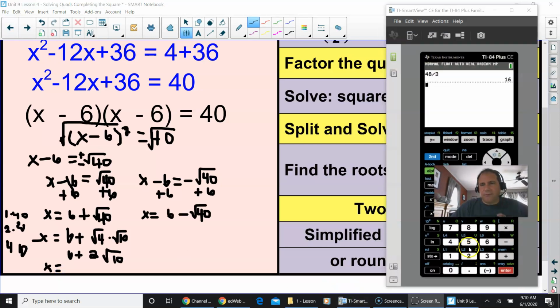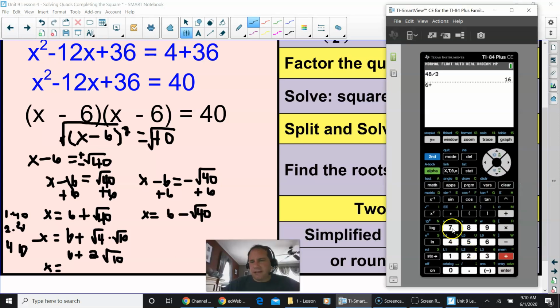And the way you put that into the calculator is 6 plus 2 square root 10, just like that. And you press enter. And it is approximately, and we're going to round it off, 12.32.